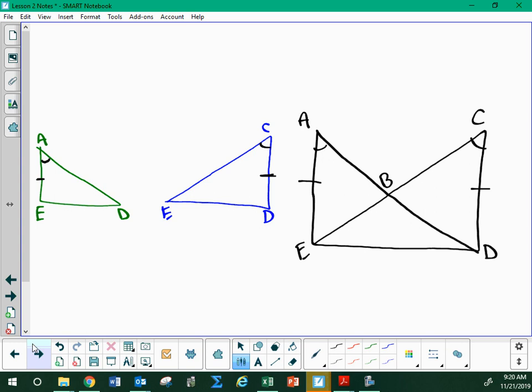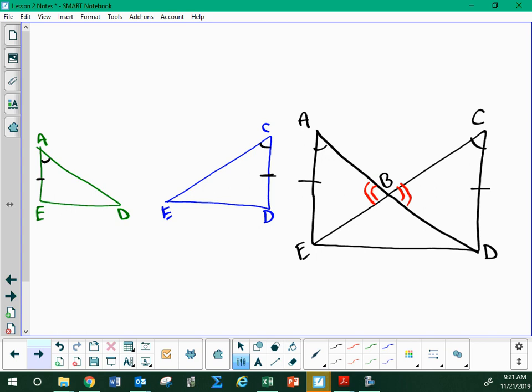I'm going to start with my overlapping. What other information do I have about my overlapping that I can say? There are vertical angles, good, so we've got our vertical angles in here. In my overlapping, that's just part of this side here, so it doesn't help us out with our overlapping, but that will help us out with something else.